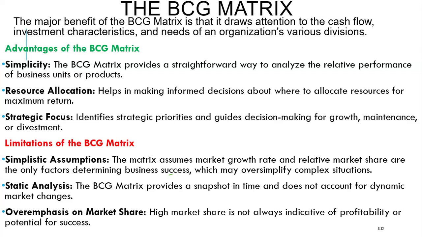But other than that, it still continues to be one of the sought after tools that can be used to determine when to use an integrative strategy or when to use a diversification strategy.